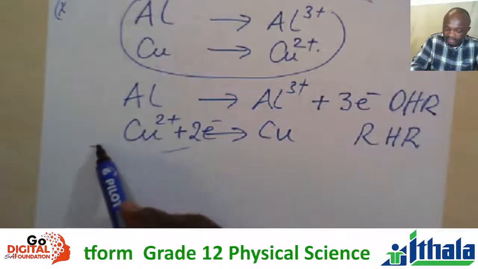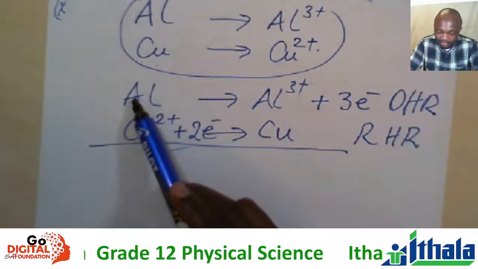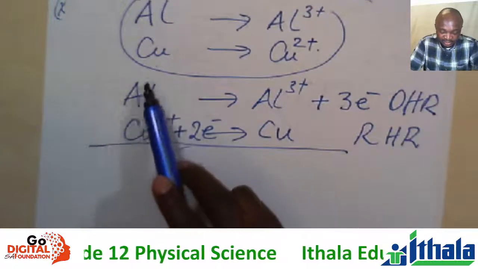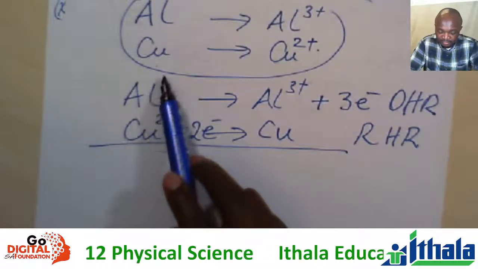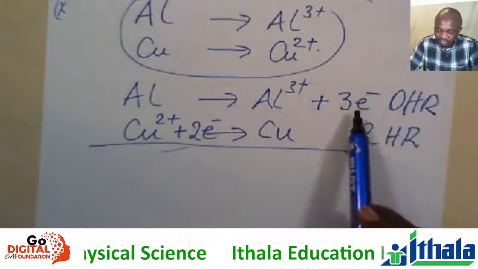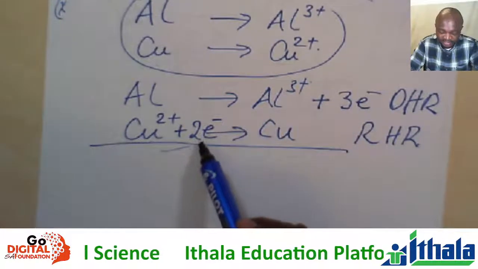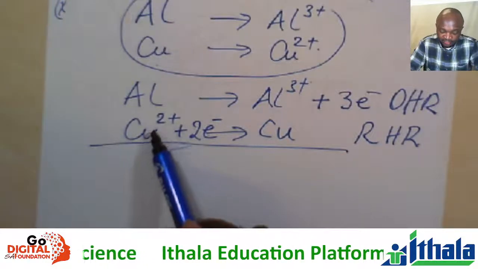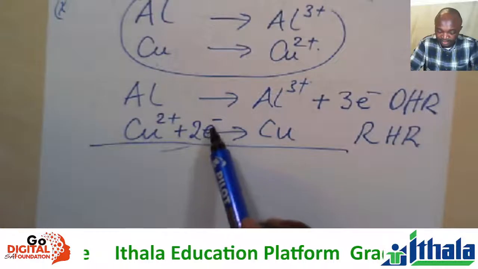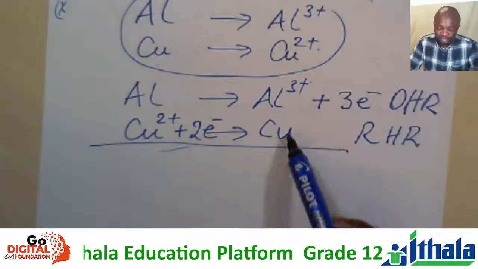Right, then let us see how it balances: you start with one aluminium and one aluminium on the other side. In terms of charges, we know the oxidation number of aluminium is 0, and on this side we have positive 3 and negative 3, that's 0. So it is balanced. For copper it is the same thing: we have Cu2 plus, that is 2 plus, and then 2 minus, which gives us 0. On the other side we have the element Cu, that is also 0.